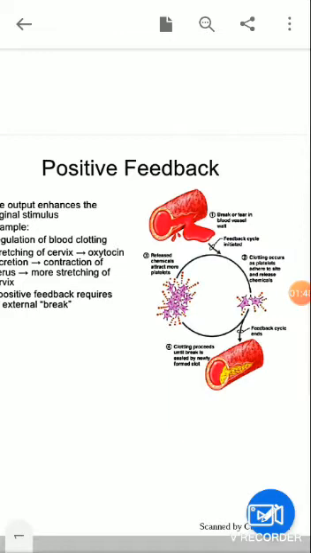When an injury breaks or tears our blood vessel, at that moment the feedback cycle is initiated. Clotting occurs as the platelets adhere to the site of the injury. When the platelets adhere to the site of the injury, they release different chemicals or clotting factors.